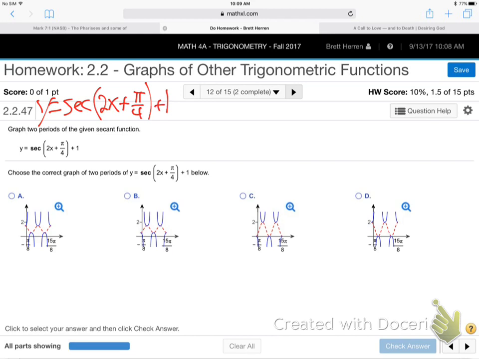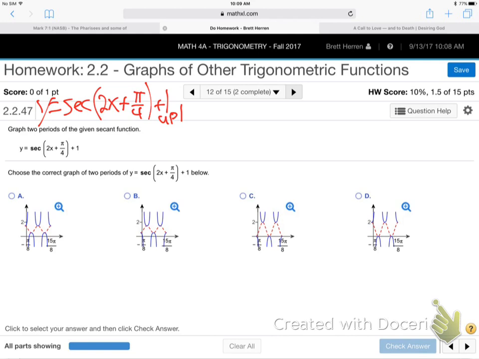Okay, so what are we going to do? Now, the part that's in the parentheses, not the one, the one's outside of the parentheses. You guys tell me, what's that plus 1 going to do? Yeah, we did talk about that a little bit with some of the other trig functions, huh? That means up 1. That just grabs the whole graph and moves it up 1, doesn't it? So we'll do that at the end.